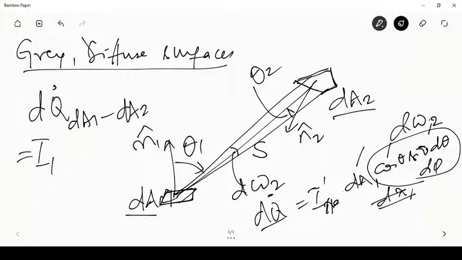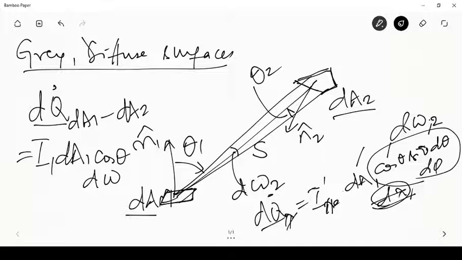This is dq lambda initially. Now if I integrate over lambda, I will get dq dot going from dA1 to dA2 equal to I1 into dA1 cos theta into d omega. That will be the only angle that we need to consider. This integral over d lambda has already been done.